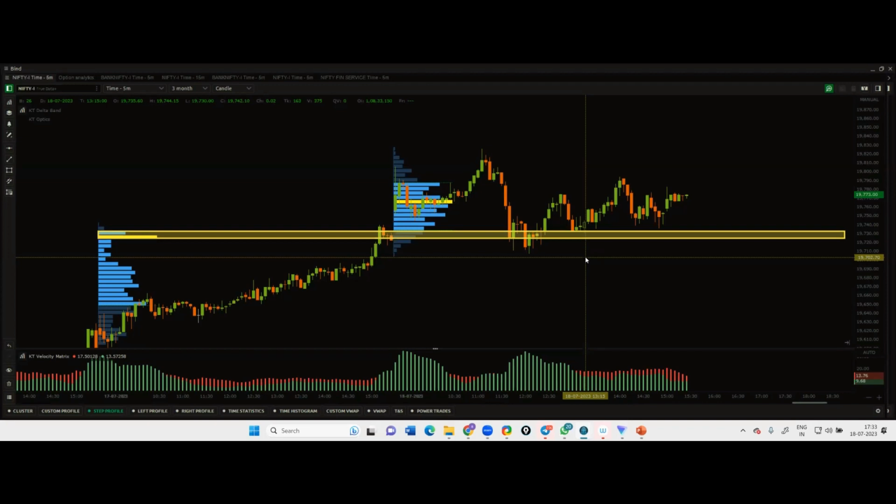Why? Because every trading session is an extension of the previous day's session. Nothing happens on an individual basis. The players who built positions yesterday will show a reaction to price movements as they did when price came here. So every trading session is an extension of the previous day's session.